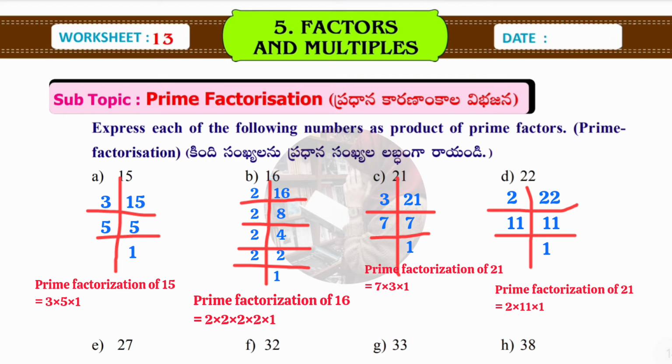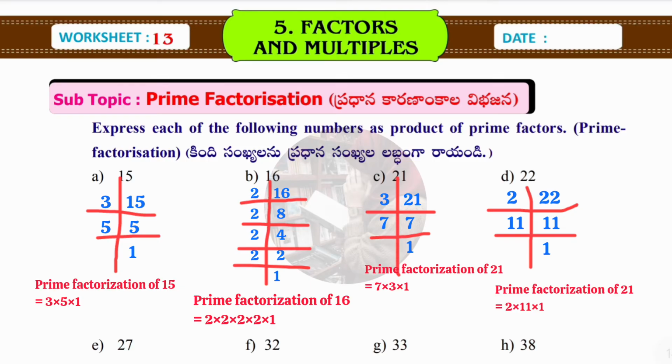Okay, next number is 21. So 3 sevens 21, 7 1 7. Therefore, prime factorization of 21 is 3 into 7 into 1. Next number is 22. So, this can be split into 2 into 11, 22, 11 into 1, 11.